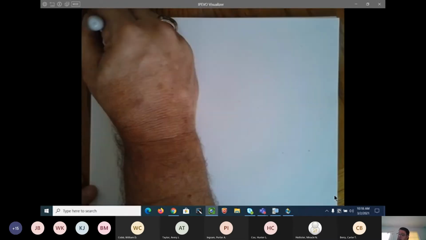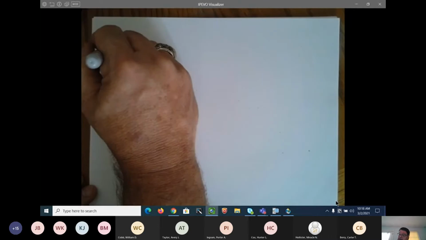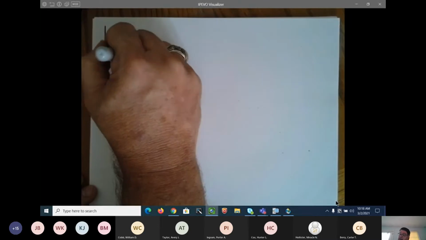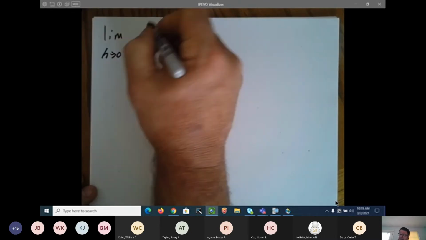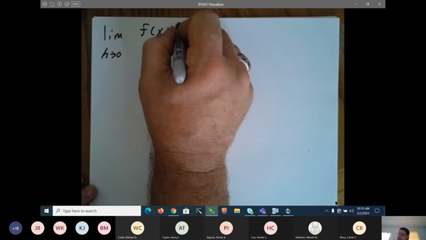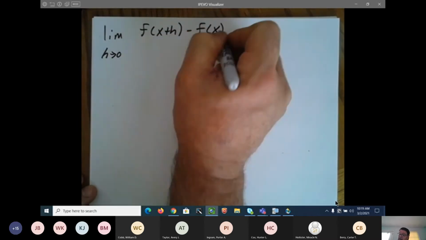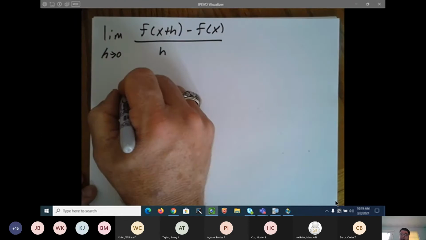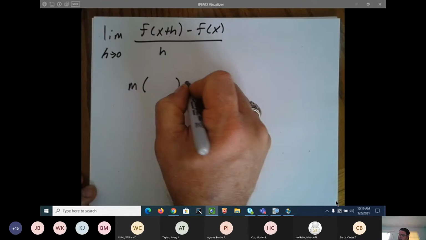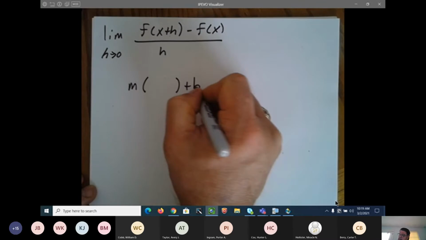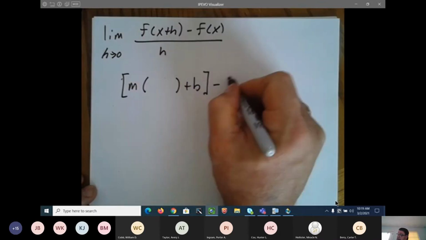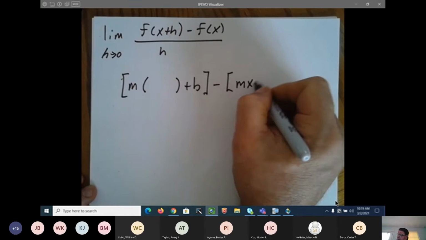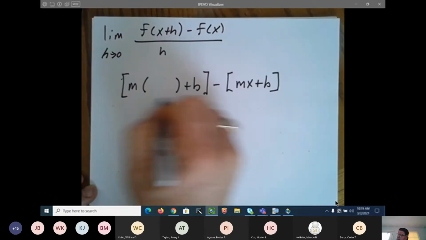Limit as h approaches 0 of f of x plus h minus f of x over h. So I'm going to rewrite m times x plus h plus b, minus mx plus b, over h.